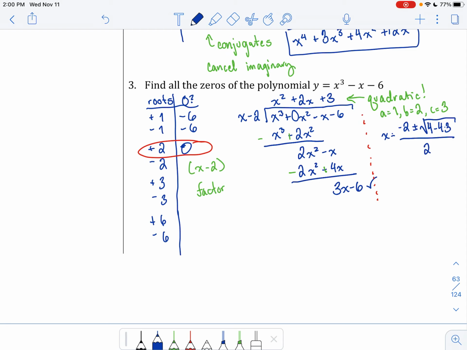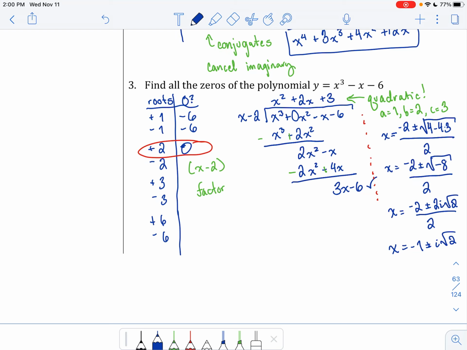I skipped a little bit of arithmetic there. If you don't have the formula memorized, please again have it written out and you can check your work on the PDF. So this becomes negative 2 plus or minus root negative 8 over 2, which is equal to negative 2 plus or minus 2i root 2 over 2, leaving us with negative 1 plus or minus i root 2.